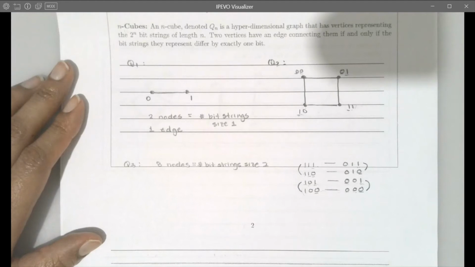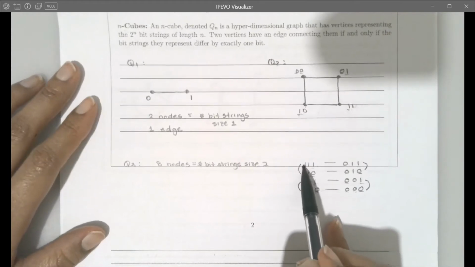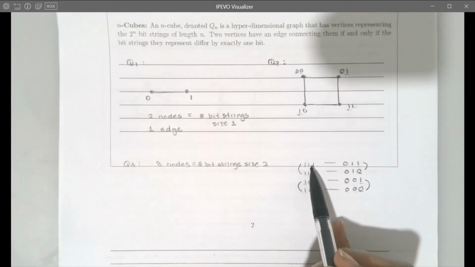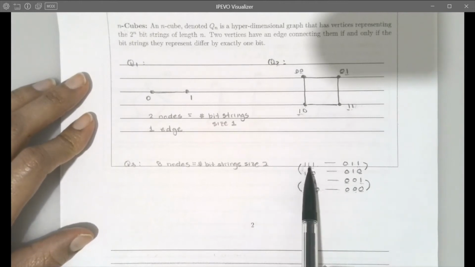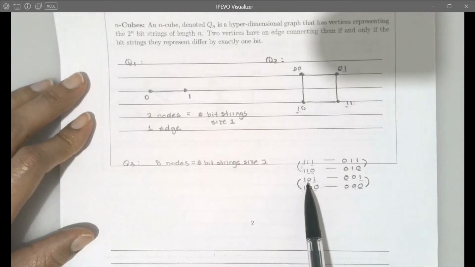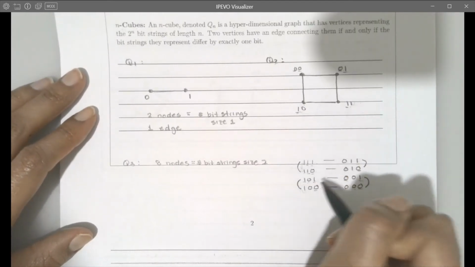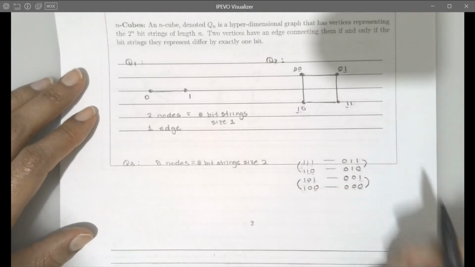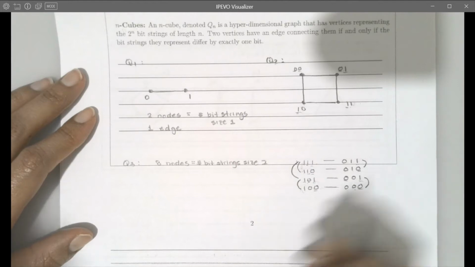And then, well, we just want to double check. We've compared whatever bit string we have side by side, but we should also compare like 111 with the third bit string on the left hand side, 101. In this case, they're only different in the second bit, so those two would be connected by an edge.